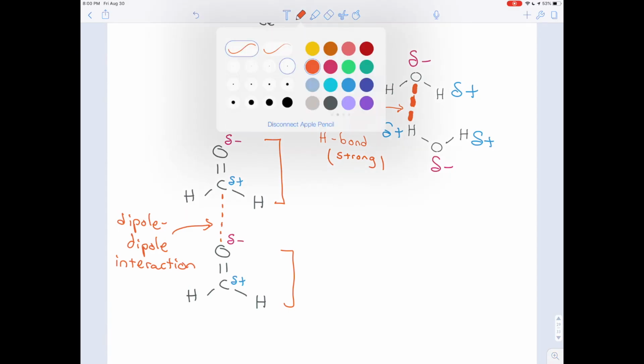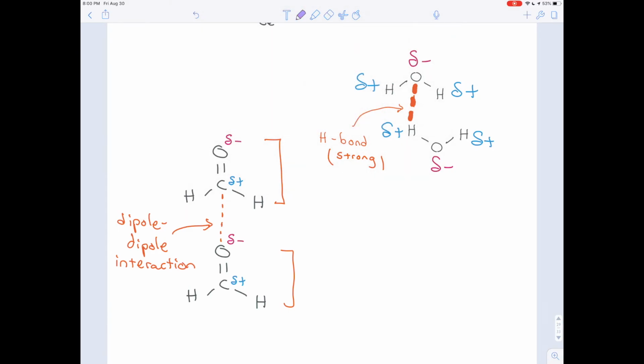Compare that with the dipole-dipole interactions. Here, you have carbon instead of hydrogen, carbon bonded to the oxygen. And carbon is more electronegative than hydrogen, which means when oxygen tries to pull the electrons to itself, the carbon pulls them back. And although the oxygen wins and gets a slight charge, the charge is smaller than on water.